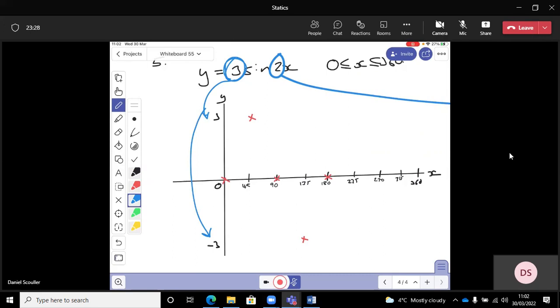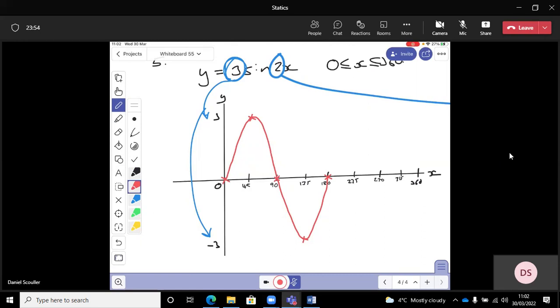So one full wave for a sine graph: sine starts at 0, peak, cuts 0, minimum, finishes at 0. Cos starts at its maximum, goes to a minimum, and then finishes at its maximum.